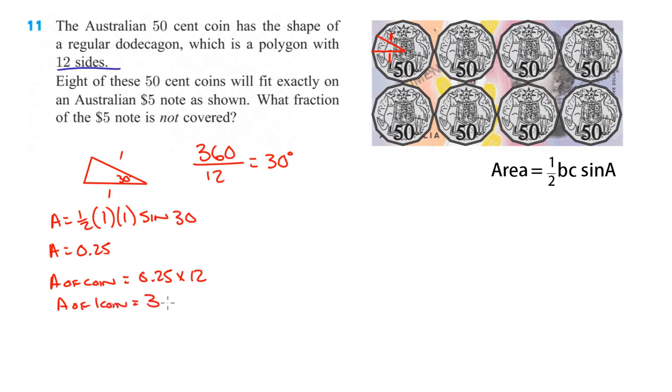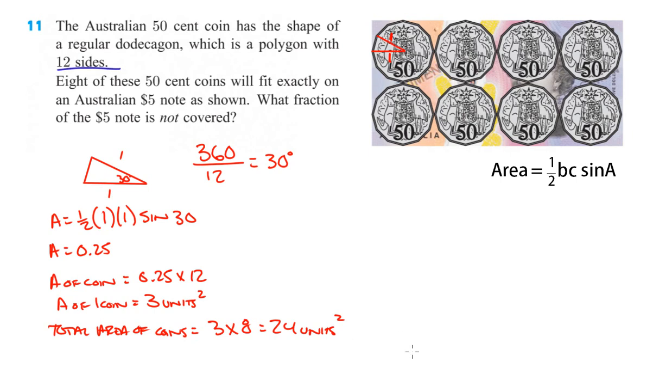Whatever these units are, let's just call it 3 units squared for the area of one coin. There's 1, 2, 3, 4, 5, 6, 7, 8. So the total area of coins is going to equal 3 times 8, which is 24 units squared, 24 square units for all the coins.